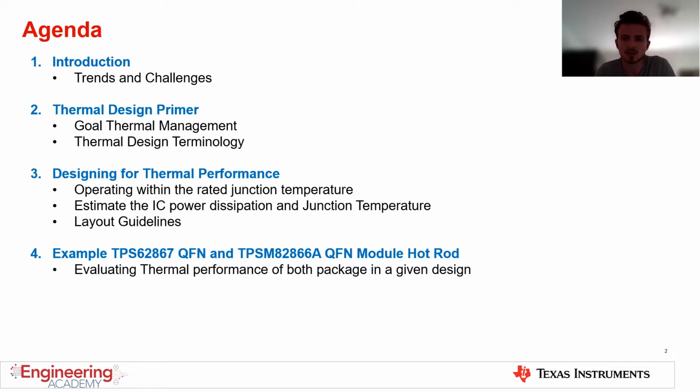We would like you to understand the parameters we're using in our datasheets and what they relate to. Next, let's review together what you can do to make sure you're operating devices within their rated junction temperature, how to estimate the power dissipation, and what you can consider to improve the thermal parameters associated with your design. And eventually, we will compare a discrete device and its module version thermally.